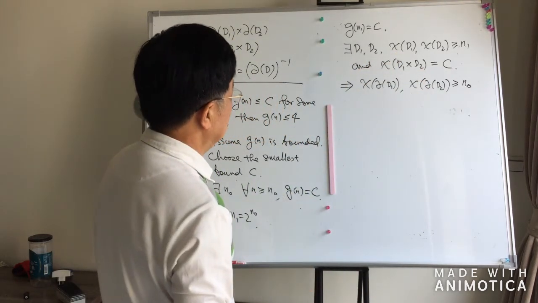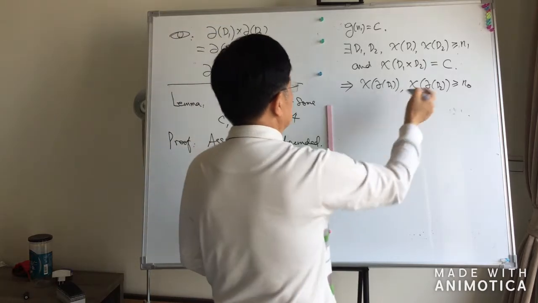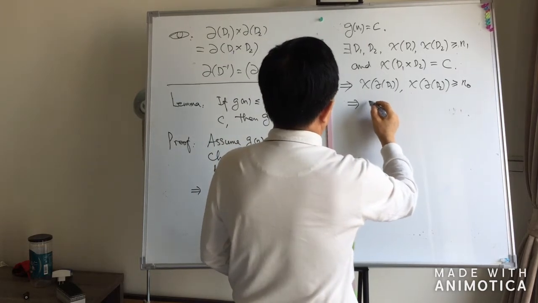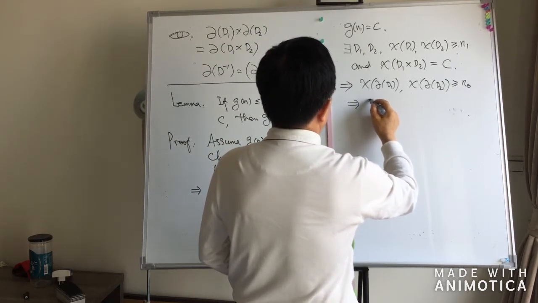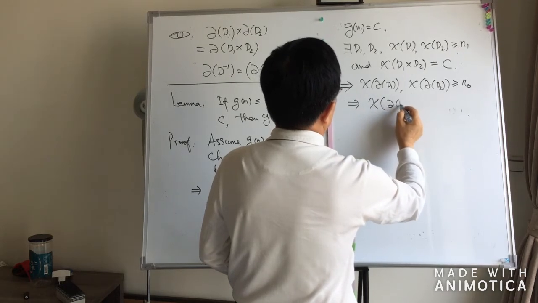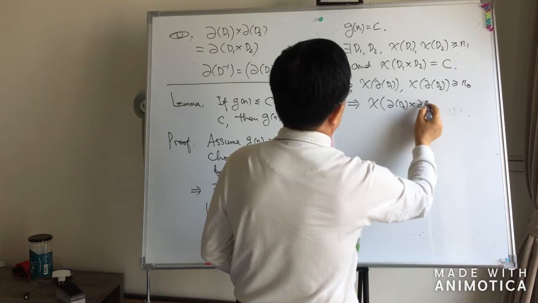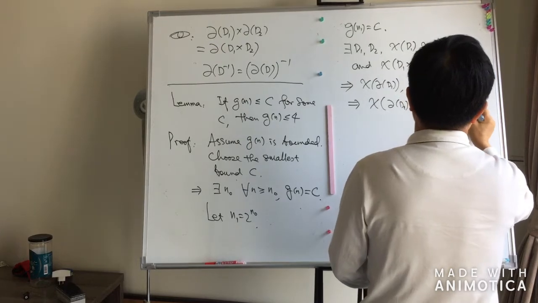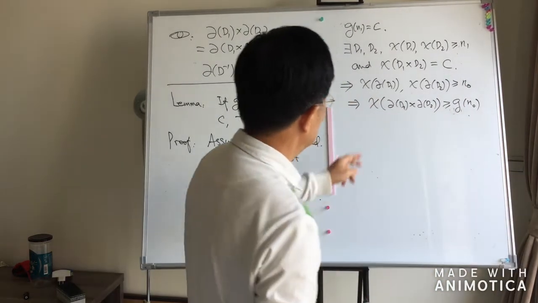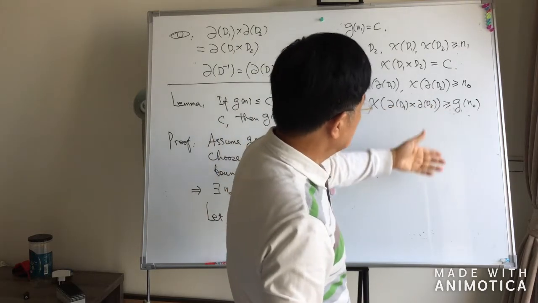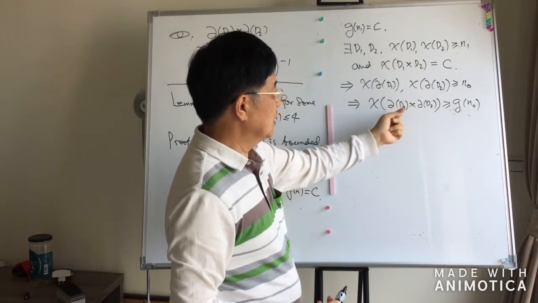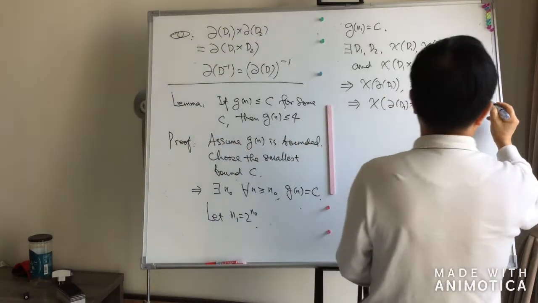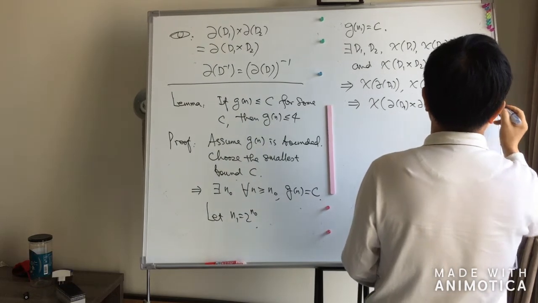And therefore the product of the two line graphs is greater or equal to Gn0, because Gn0 is the minimum among the Cramér numbers of such products with both coordinates at least n0. But this one is C, so it is greater or equal to C.